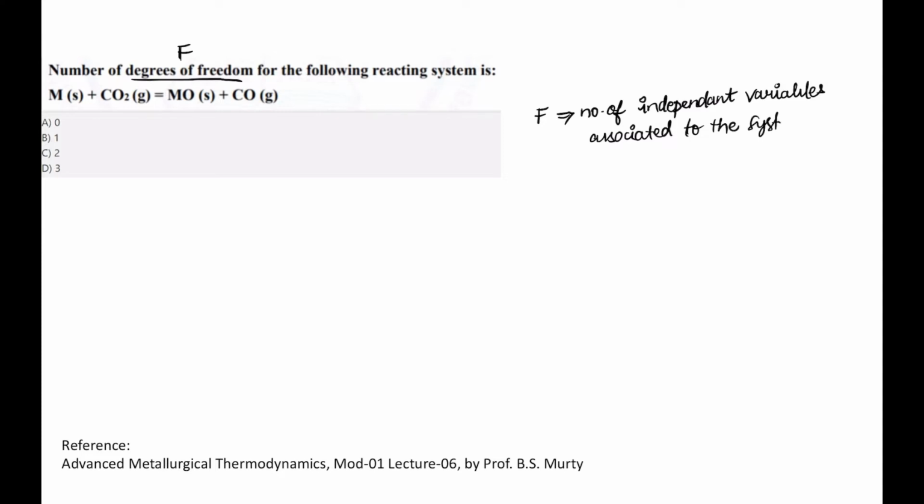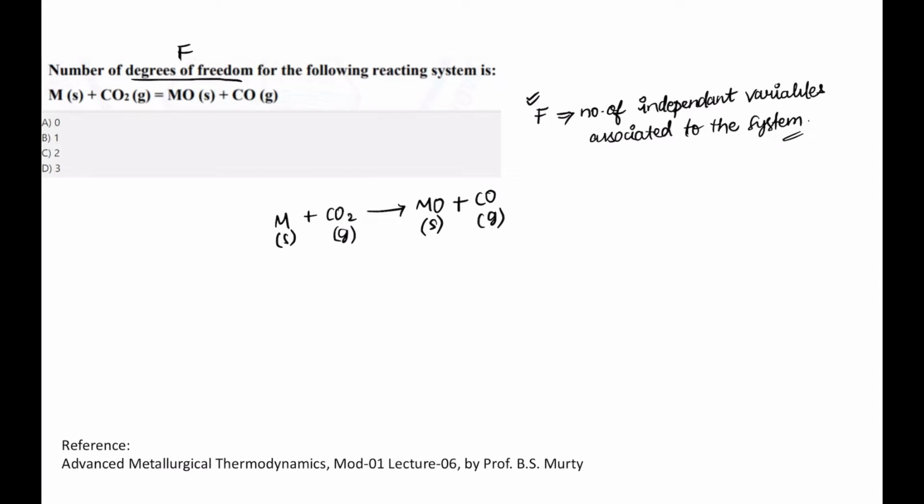What is the system here? The system is nothing but my reaction. So M, let me write it over here, is reacting with CO2 gas to form MO, which is the oxide, and CO gas, right? So we need to calculate the degrees of freedom of this particular reaction or this particular system.